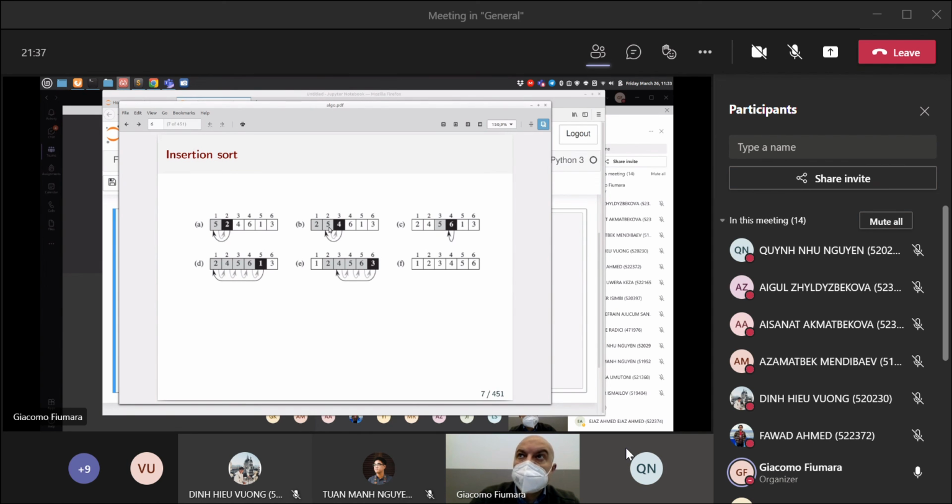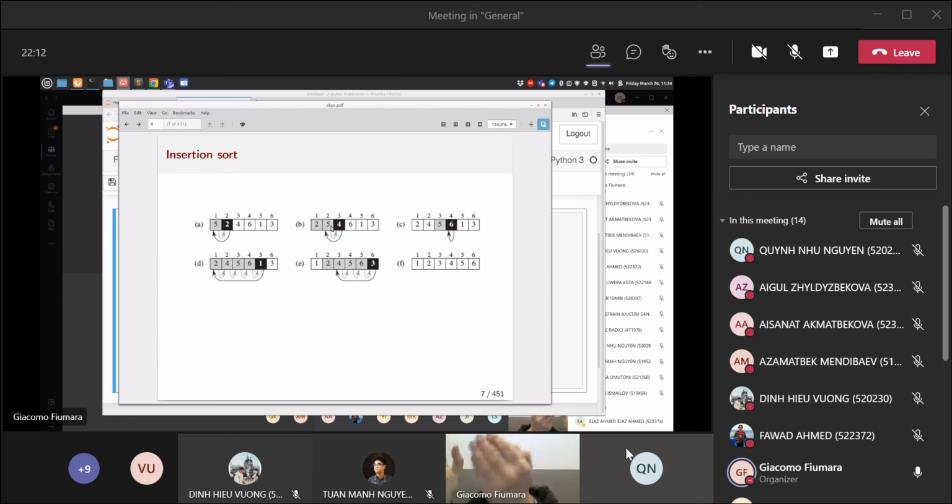Is it okay? Very well. Now we compare 5 and 4, and 5 with 2. So we compare 4 with all preceding numbers. If it happens that the number in position 3 is smaller than the number in position 2, we swap them.